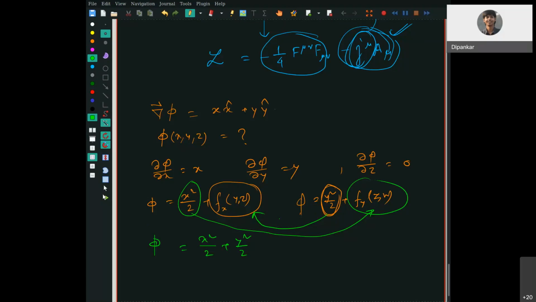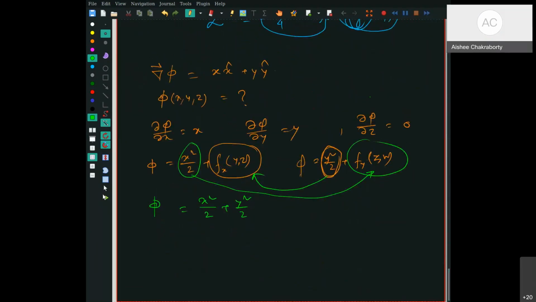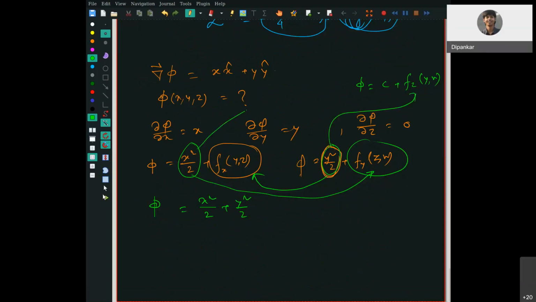Yes, sir. In this example, phi would be some constant, let's say I call it c, plus the constant is immaterial in any way, and this is a function of y and z. So I can absorb both these things. The y square by 2 can also be absorbed here, and x square by 2 can also be absorbed here. That's it. There is nothing new.